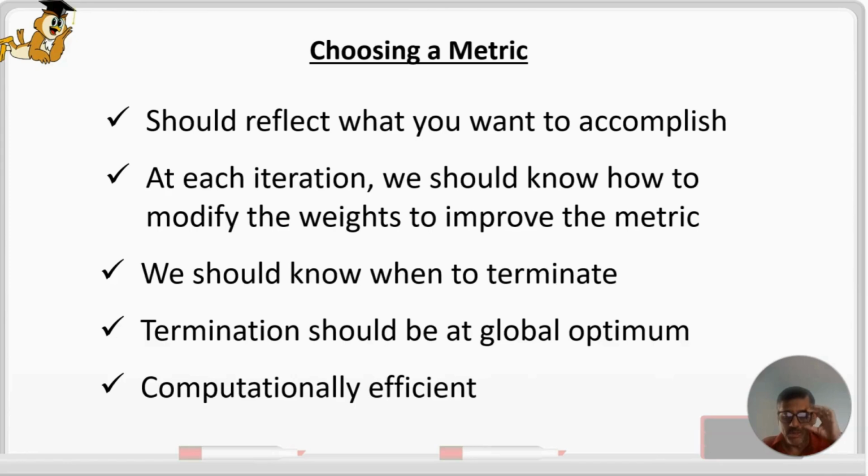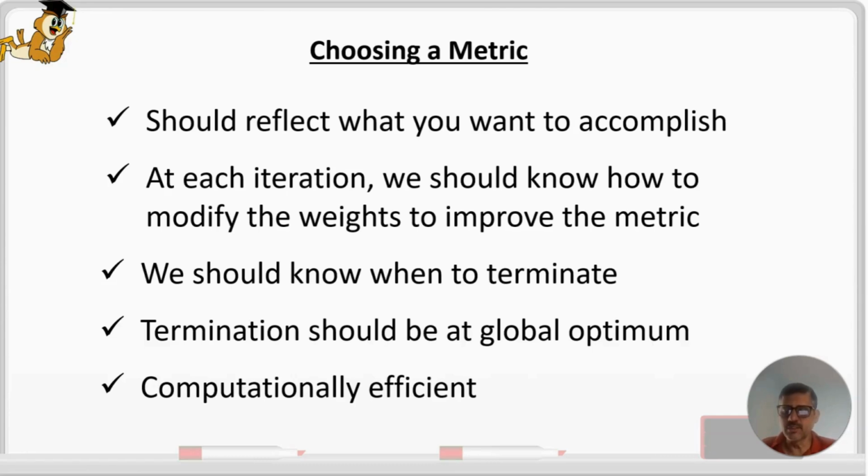Termination should be at a global minimum. By and large, it's been shown, and that's not part of this particular lecture, that if you use criteria like mean square error, and gradient approaches to minimize it, the minimum you end up at is indeed the global minimum under fairly common constraints.